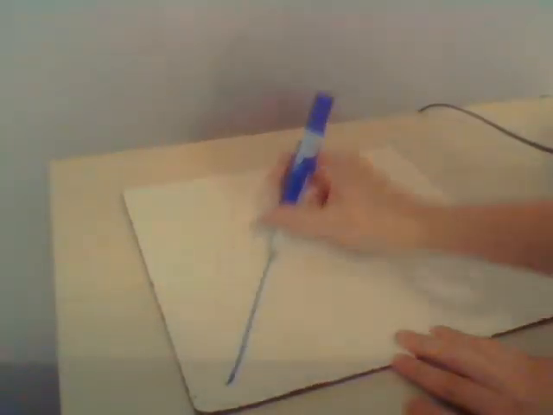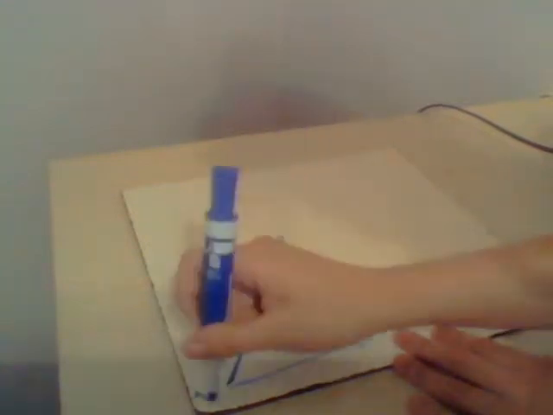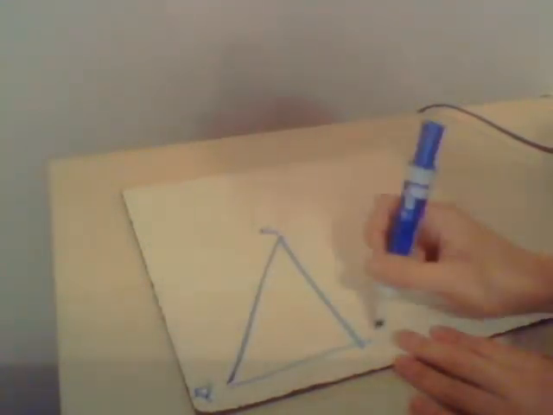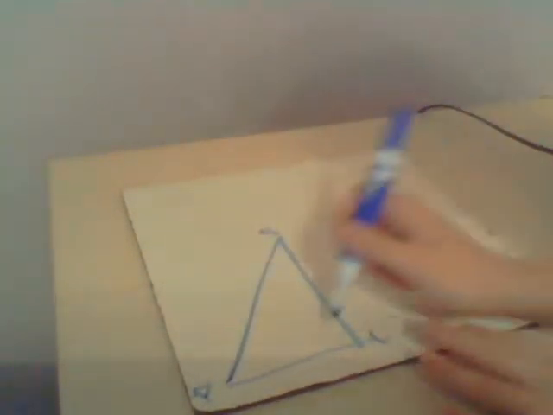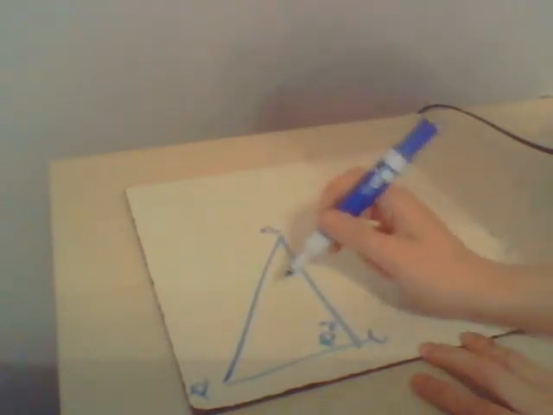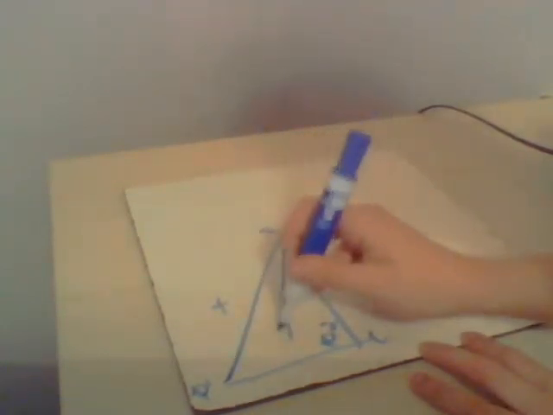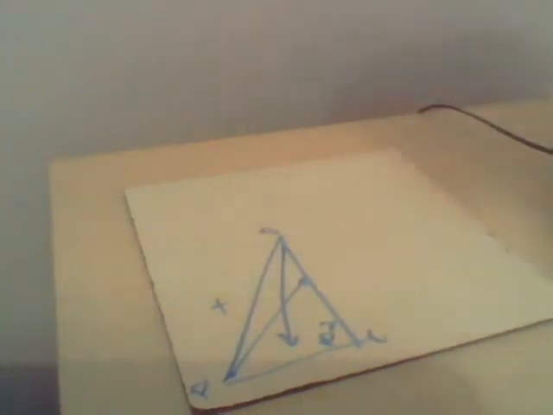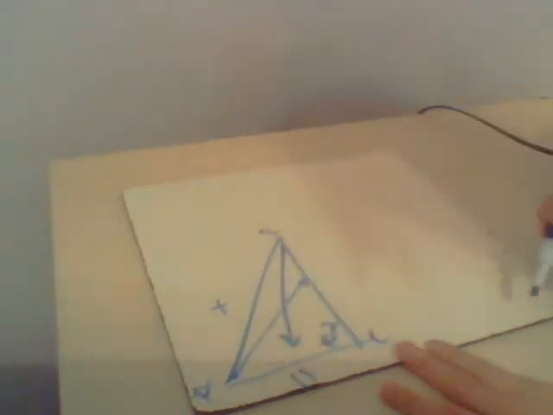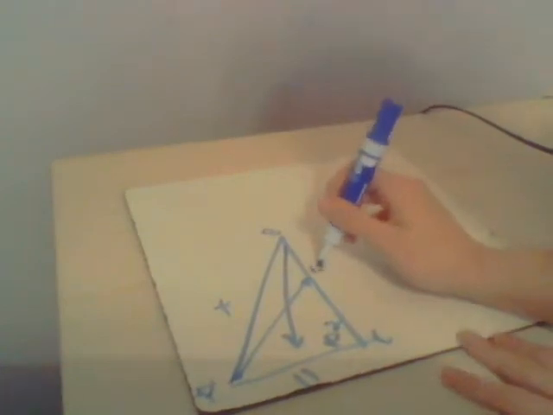First, let me draw this out for you guys. So A, B, C. Okay. We have 102 at angle C. Remember, opposites. So b is 11 units, and a is 8 units.